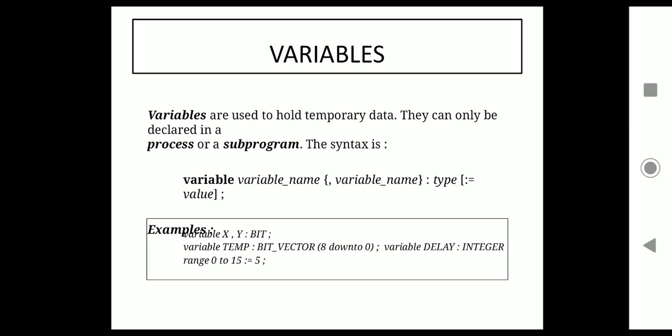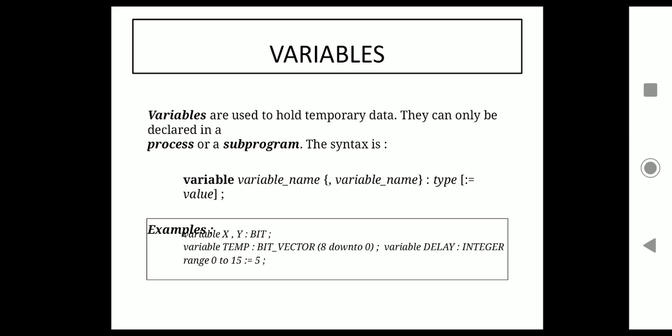So what is the syntax for variables? Again I will repeat, variables can be declared in a process or a subprogram only. You cannot declare it as globally used, or you cannot declare the same variable within two different programs. You can declare but you cannot connect that.